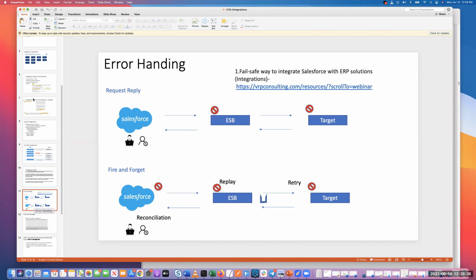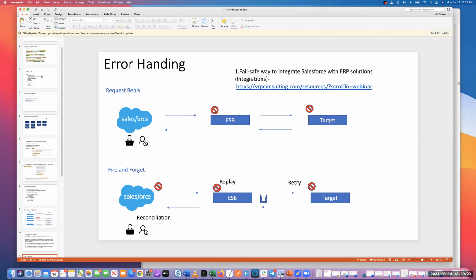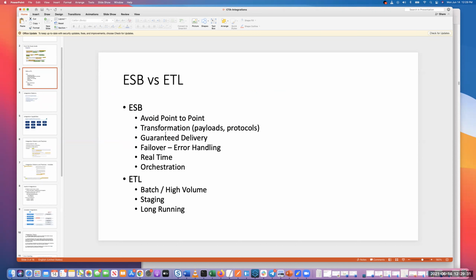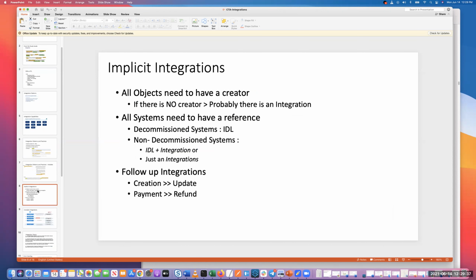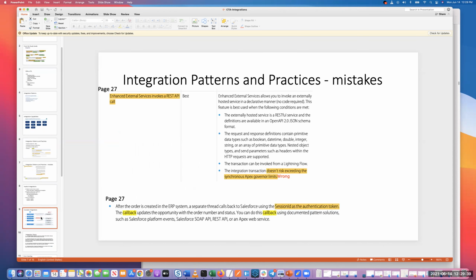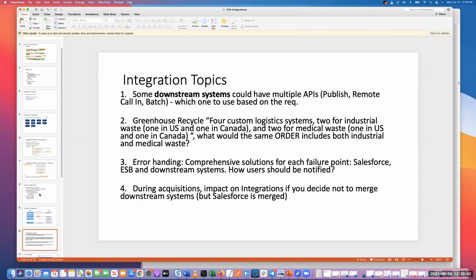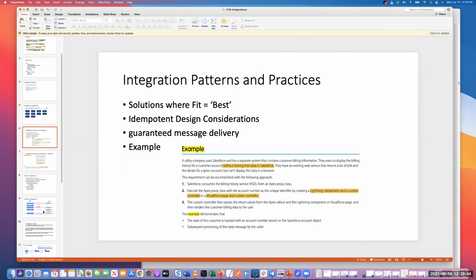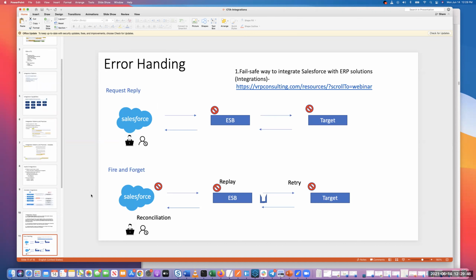Yeah, so I think based on your timing, because here in the justification you already said you're going to do guaranteed delivery and error handling. So maybe, if you're using platform events, you can just say most of the error handling from here onwards is based on the ESP.